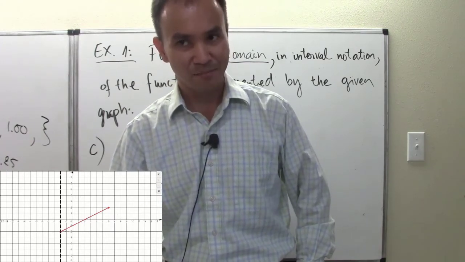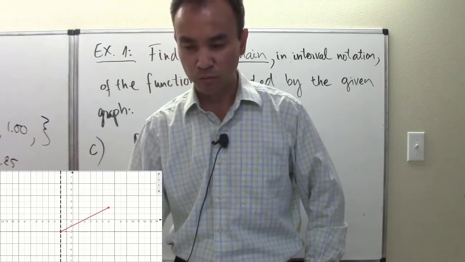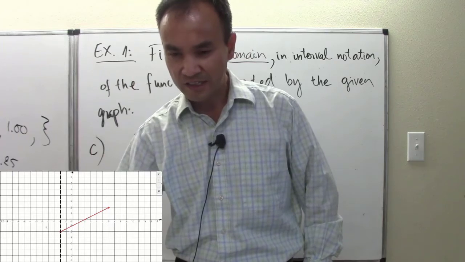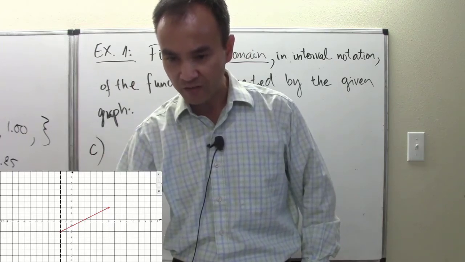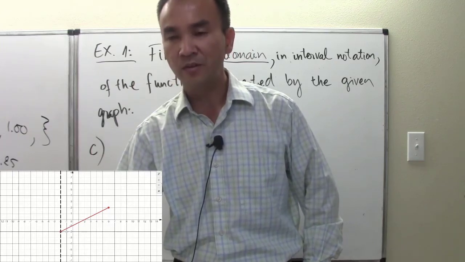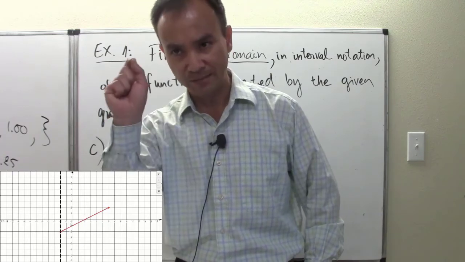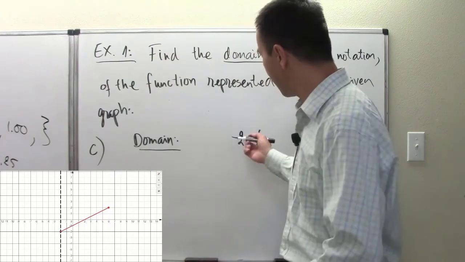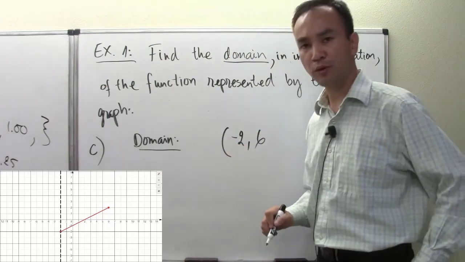Maybe I missed explaining that in an earlier problem, but now it's clear. The hole just means the vertical line right at that particular value did not hit the graph here. That's the idea about the hole. So as far as the domain, it has to be a parenthesis there.